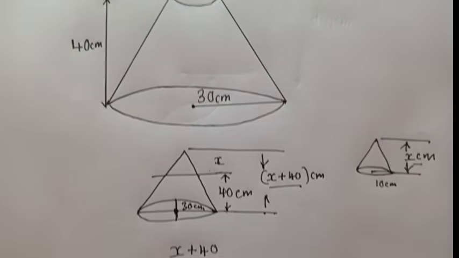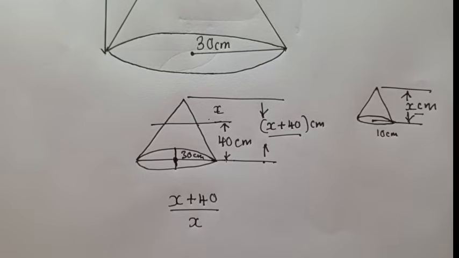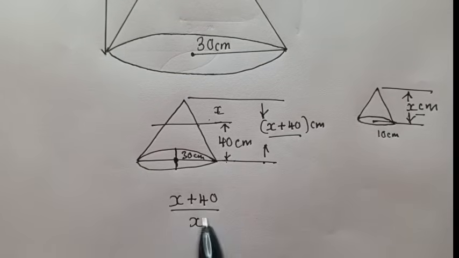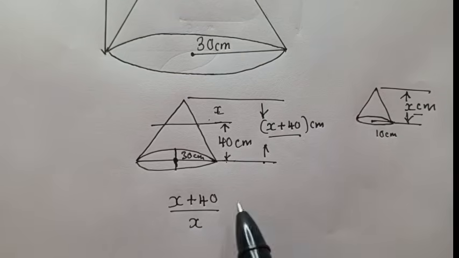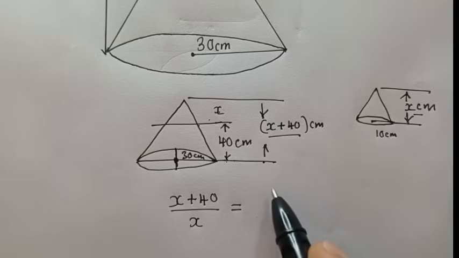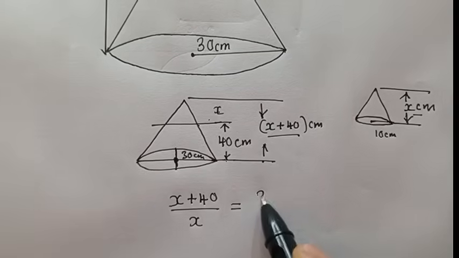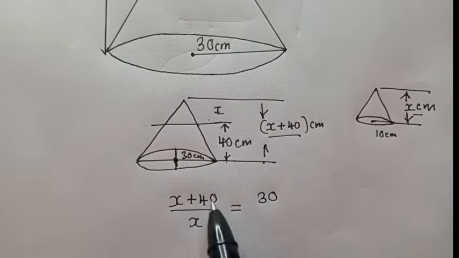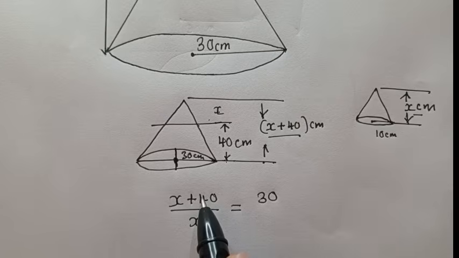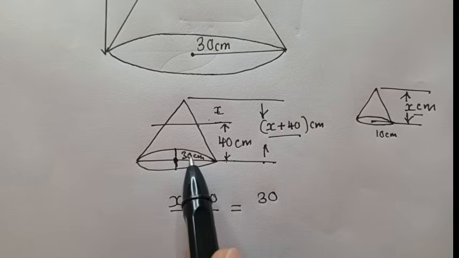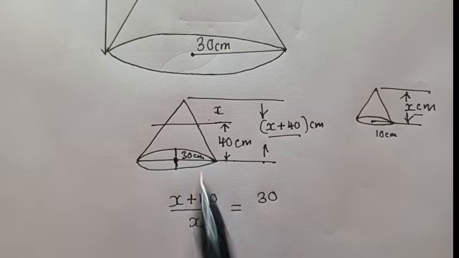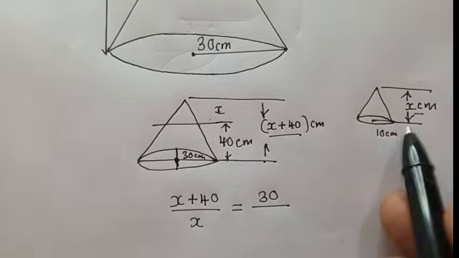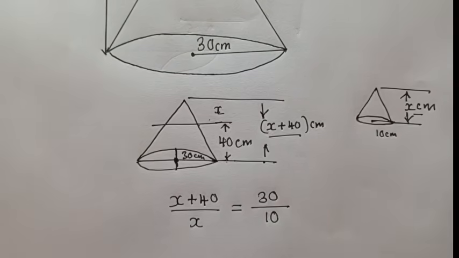So x plus 40 over x is equal to 30 over 10, because the height of the bigger cone over the height of the smaller cone is equal to the radius of the bigger cone over the radius of the smaller cone.